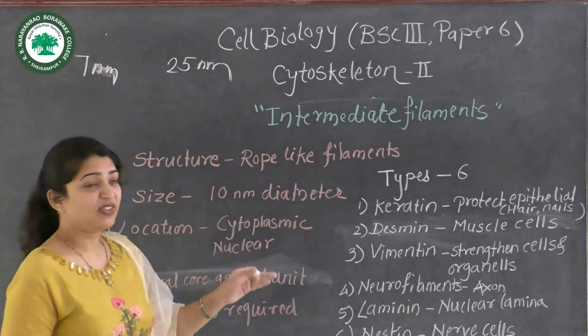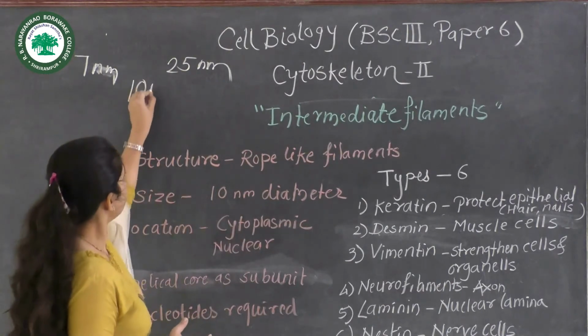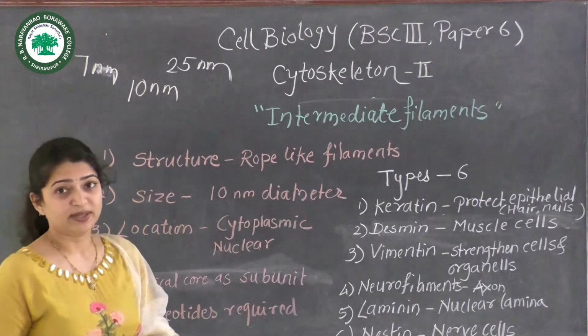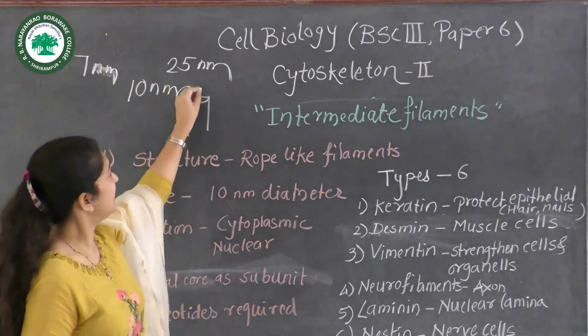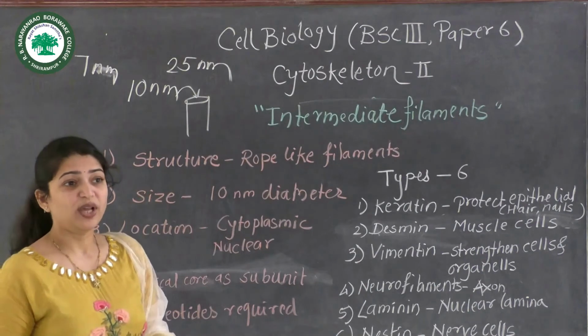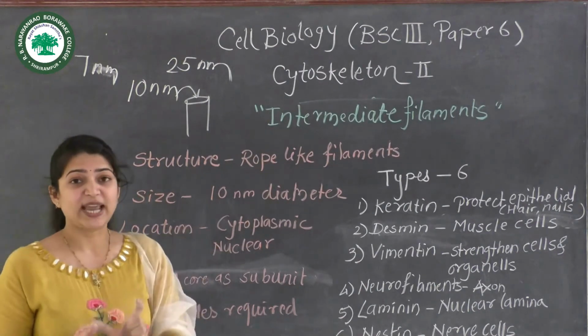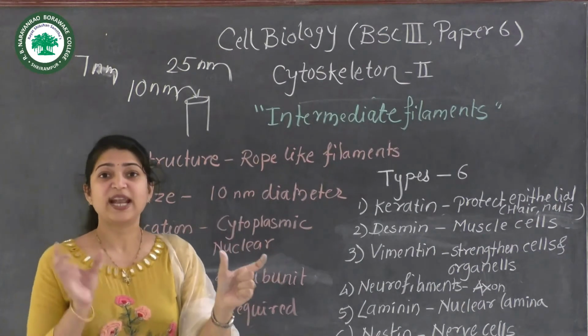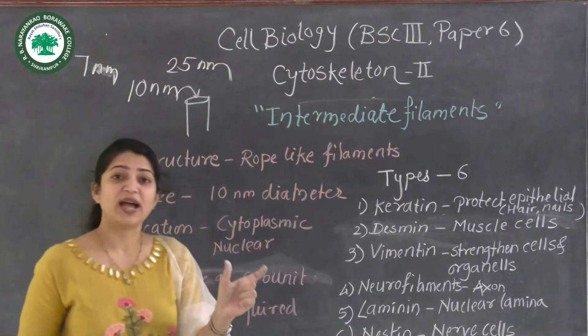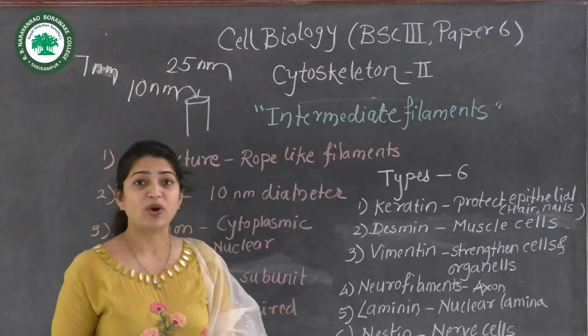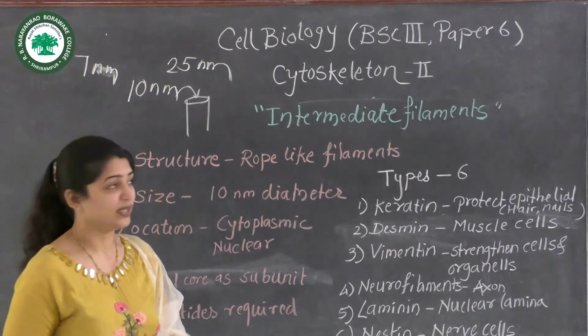But the intermediate filaments have a 10 nanometer diameter. So this is the intermediate size between 7 nanometer and 25 nanometer, not too large, not too small, and so it is called an intermediate filament.